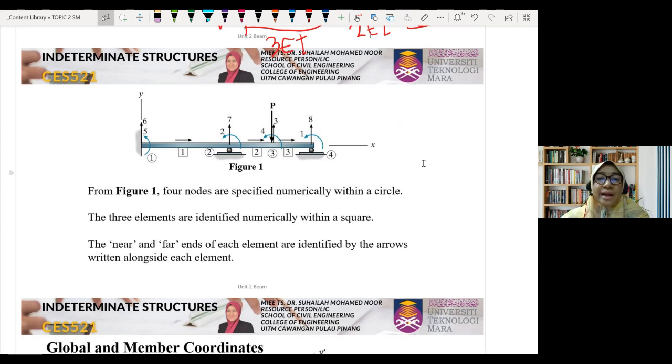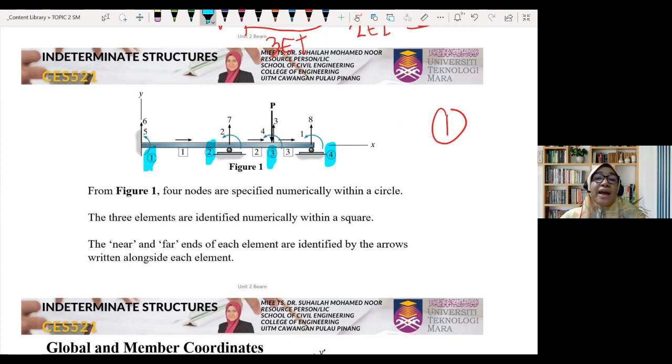In this diagram, we can see that nodes are represented by numbers in circles. This is node 1. We have node 2 here, node 3, and node number 4.